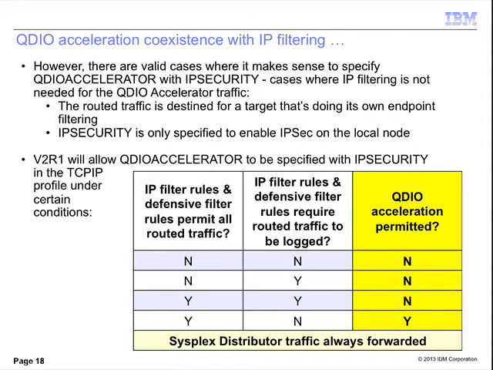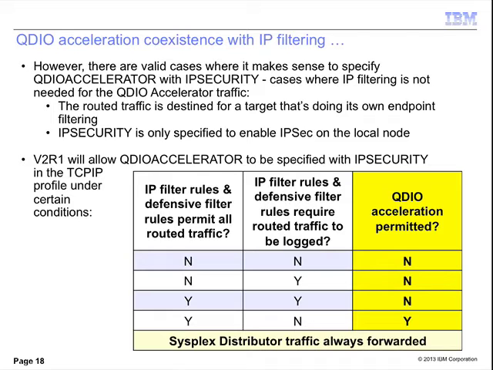So in V2R1, we basically allow you to code those two keywords together now, QDIO accelerator and IP security, and we decide on a case-by-case basis whether or not we can allow the acceleration to occur. And the table that you see here defines what the rules are. So rather than go through every row, let's just jump to the next to last row, because that's one of the rows that says QDIO acceleration permitted.